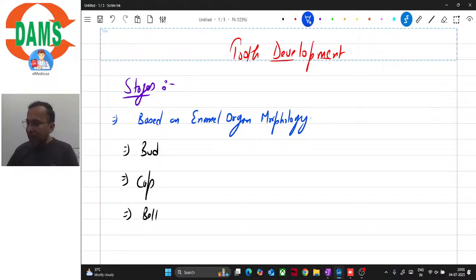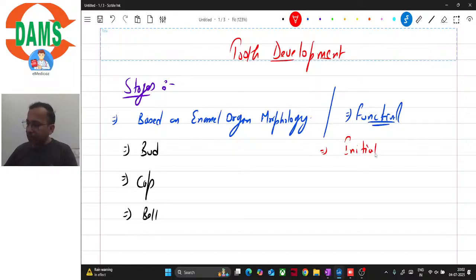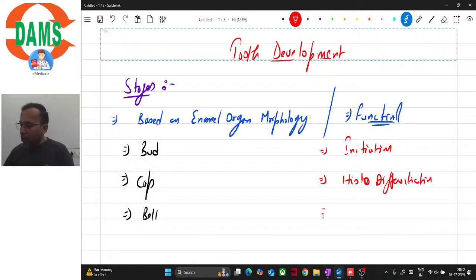And the other way that we can classify them is a functional classification, right? Here we would classify them as initiation, histodifferentiation, morphodifferentiation, and finally apposition.